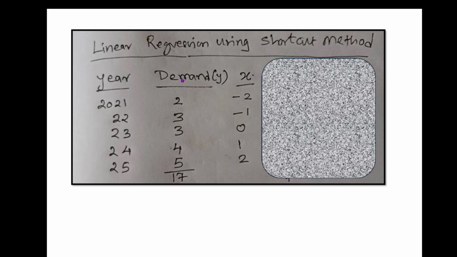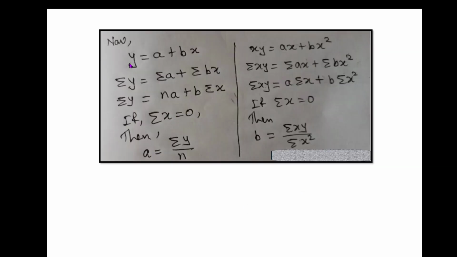Now I want to develop an equation y equal to a plus bx. A plus bx is my standard linear format. So if I want to develop the equation y equal to a plus bx, first I will do some small calculations. Suppose I take this equation and do the summation of both sides. I will get sigma y equal to sigma a plus sigma bx.